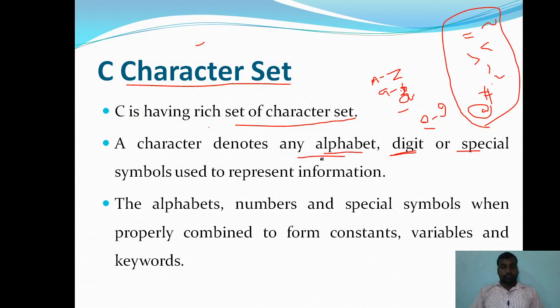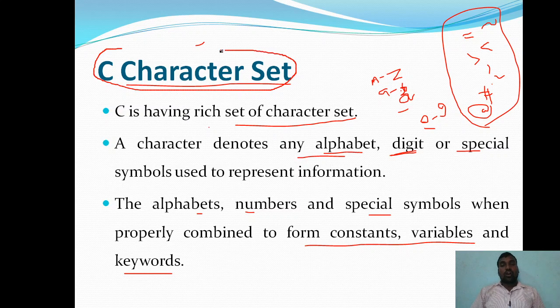Now the alphabets, numbers and special symbols, when properly combined, form constants, variables and keywords. So we use the C character set to form variables, keywords and constants.